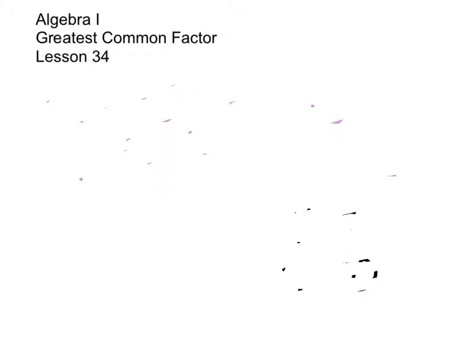So I'm going to take, say that we had 28, and say that we had 30. And I want to find the greatest common factor. Now, you might right away say, all right, I know what that is, because you may know your factors pretty well with numbers that aren't too big. But again, get used to using factor trees, or in other words, product of primes, to do this.